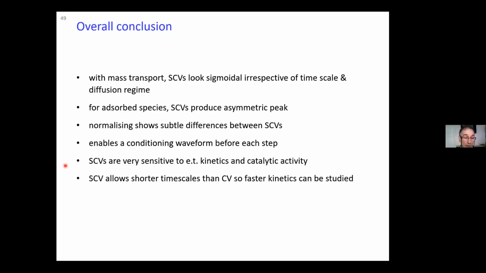And I hope I've shown you that sample current voltammetry is a very sensitive technique, both to electron transfer kinetics, but also to catalytic activity. And it allows you to work on electrode materials that are not suitable for conventional steady-state voltammetry with rotating disk electrodes and microelectrodes.